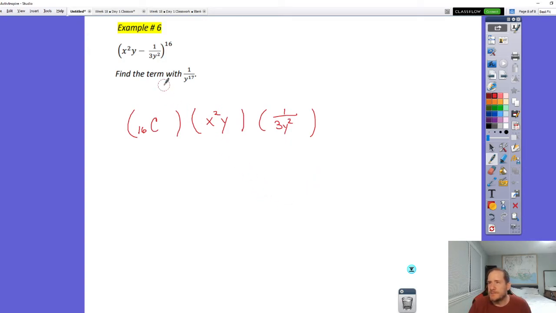Okay, so 1 over y to the 17th. So I have to get that using some combination of a y times a 1 over y squared, essentially.